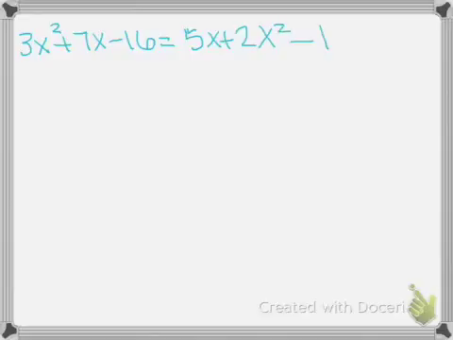Let's do another one that's not set equal to 0, that has a few more things to move. When there's a lot of material, such as this problem, I just like to draw a line down the middle when I'm setting it equal to 0.